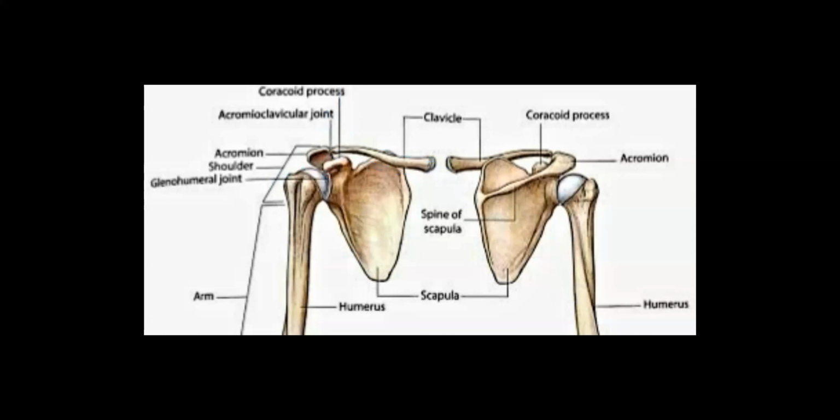So acromion process is an extended structure from the spine. It takes a curve and towards the ventral side it goes and meets the clavicle bone. So each half will have one scapula and one clavicle on its side.